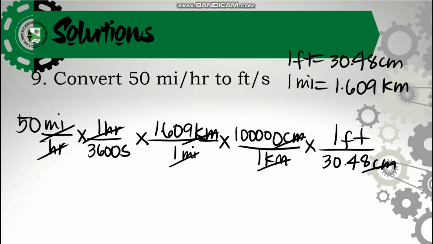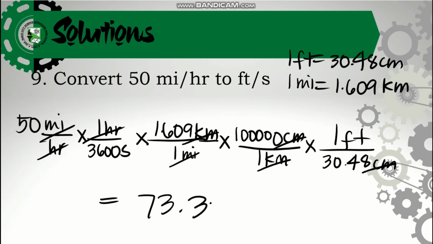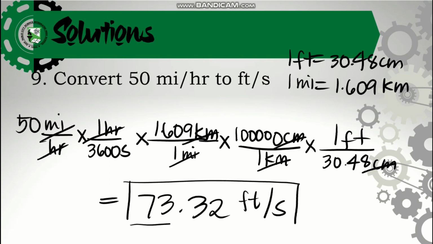And then, so we can cancel out the kilometer. We need to get feet, so we need to put the conversion factor, which is 1 feet over 30.48 centimeter. As we put it on the calculator, we get the final answer, 73.32 feet per second.